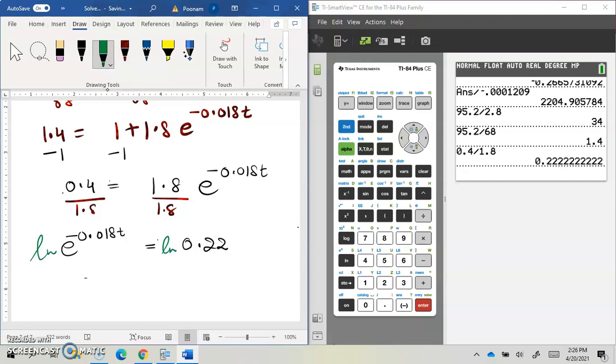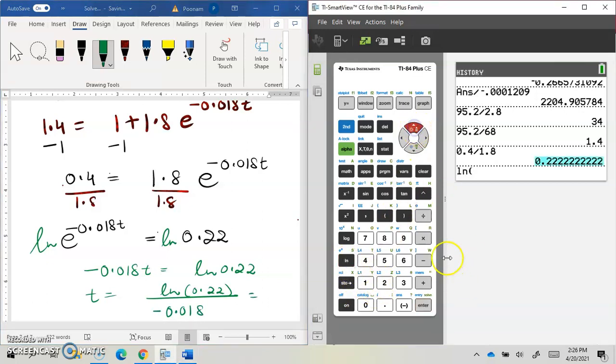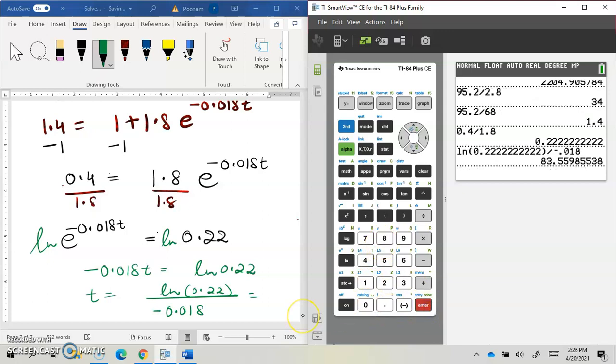Natural log and e cancel each other. t is equal to the natural log of that value divided by negative 0.018, which is 83.5.